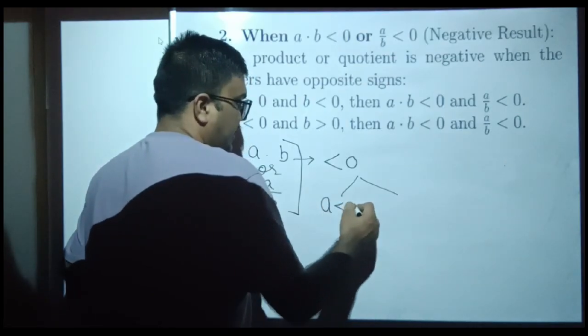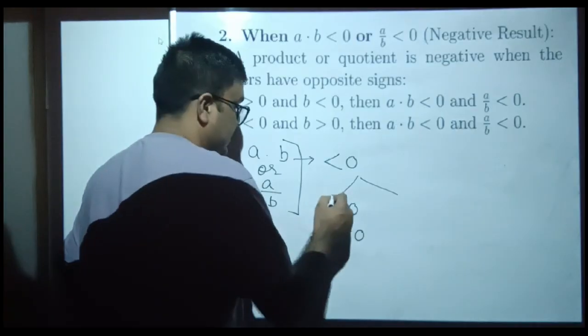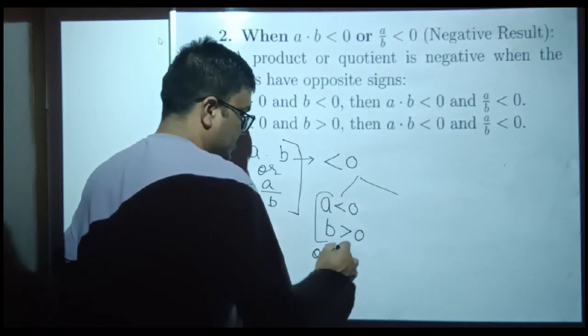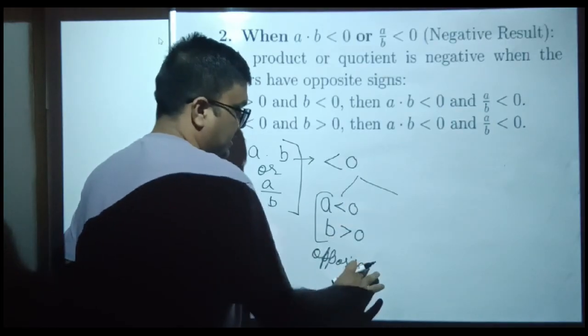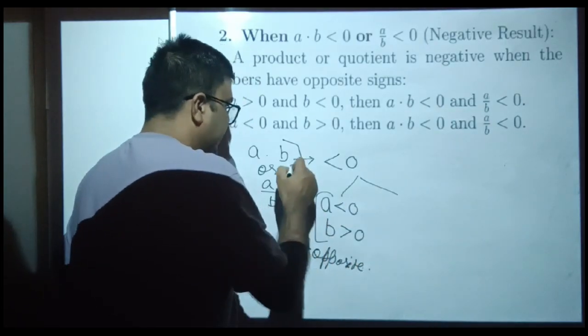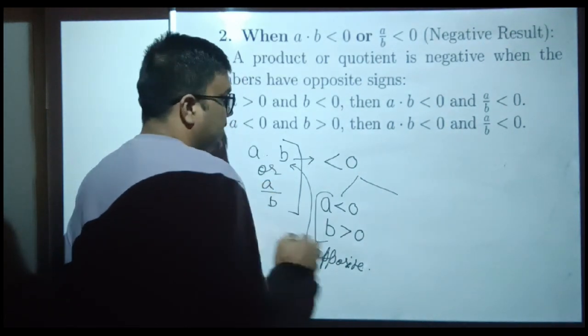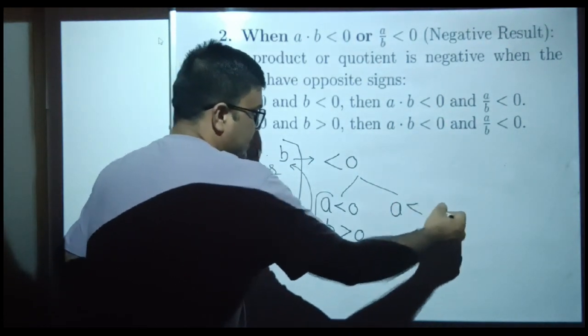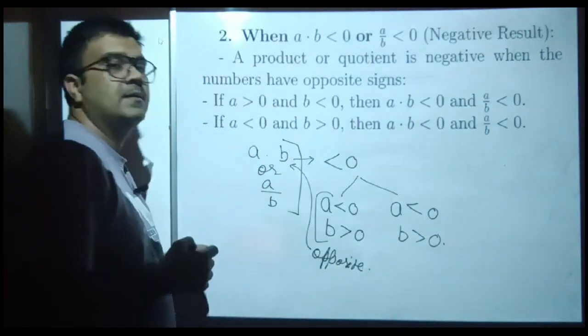If A is negative, then B should be positive. The signs are opposite. The signs of A and B are opposite. Only then will A into B or A by B be negative. Or if A is positive, then B will be negative.